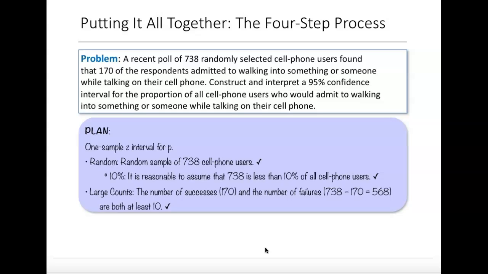I like to multiply the sample by 10, so I would say it's reasonable to assume the population of cell phone users is less than 7,380. Either way, that's fine. Again, we're checking boxes here. This isn't rocket science. We just have to do this.